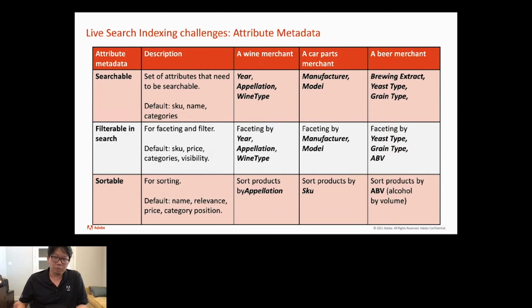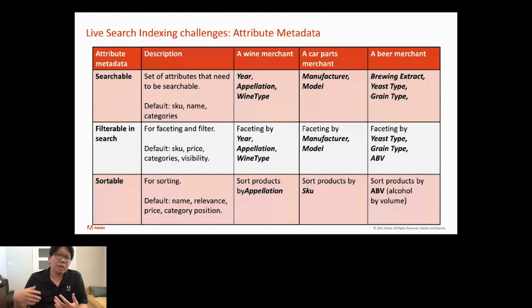A beer merchant may want to sort by ABV, alcohol by volume. So that hopefully gives you a little bit of background on how the index may be different between one merchant and another. And remember that LiveSearch is a multi-tenant SaaS product, so we have to accommodate all of these types of indices and merchants.